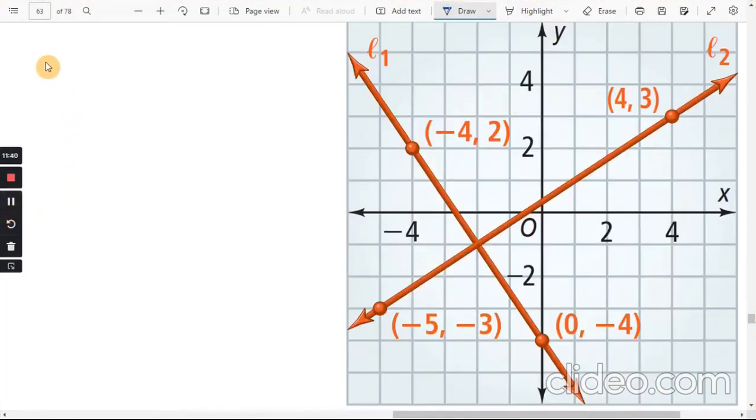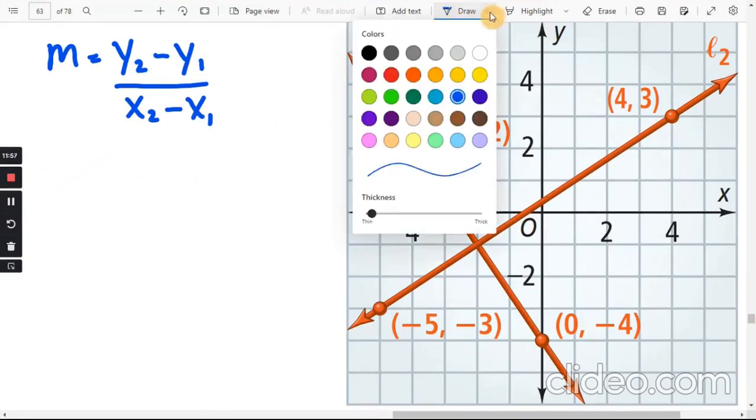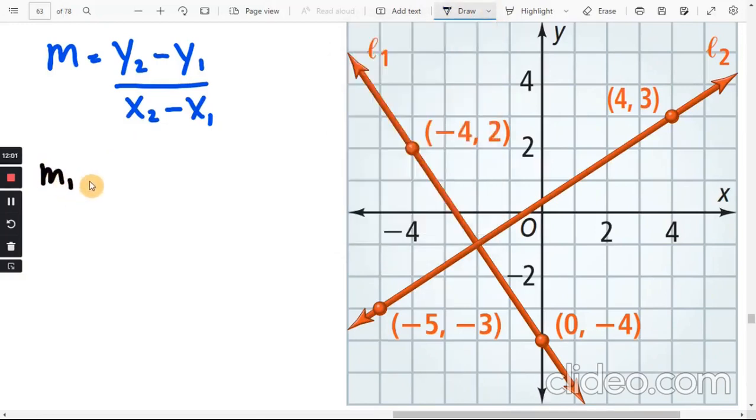All right, so we have our slope formula. Okay, change in y over change in x. All right, so for line 1, let's do that first. Do it in a different color, the slope m of line 1. We're going to do change in y. Y is the second number.